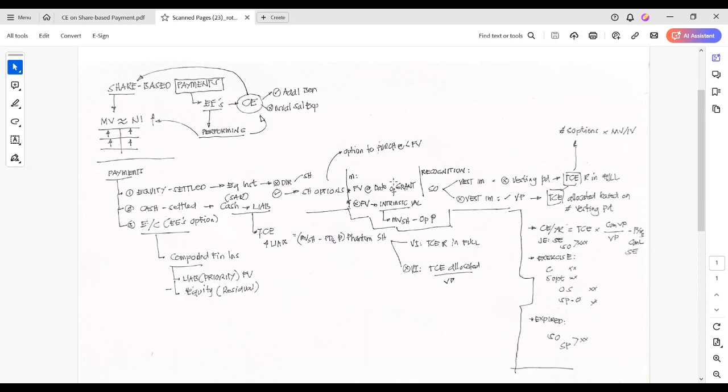Let's say the market value of shares now is 100. When that increases, I will pay you. That is the cash settled.